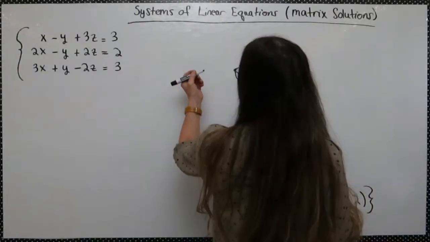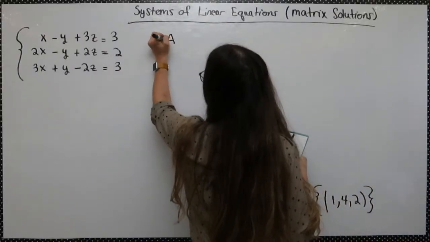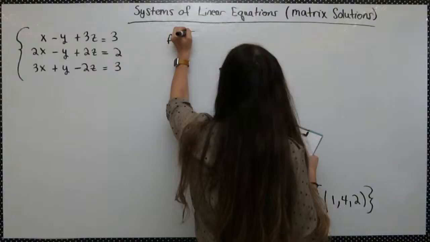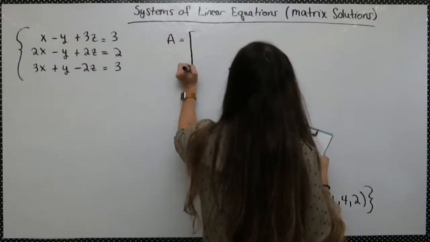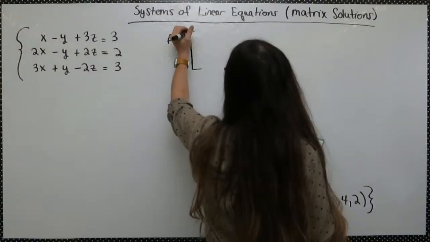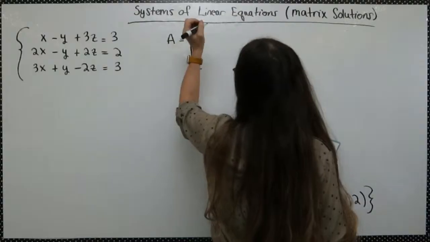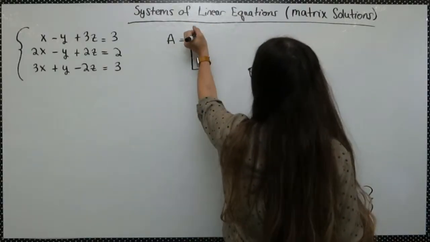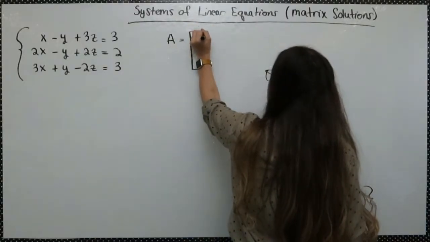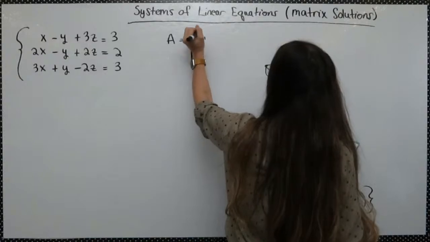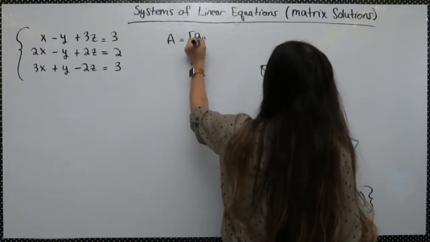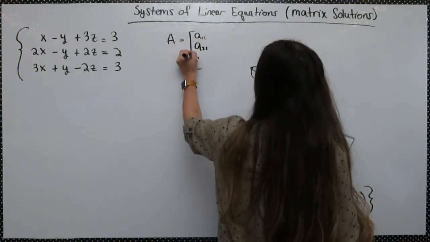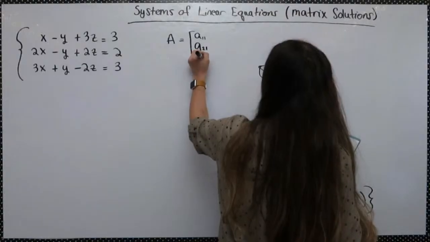All right, so we have this. Say we have a matrix A and it's a 3x3. So we'll just say A, row 1, column 1. Then this would be A, row 2, column 1, and A, row 3, column 1.